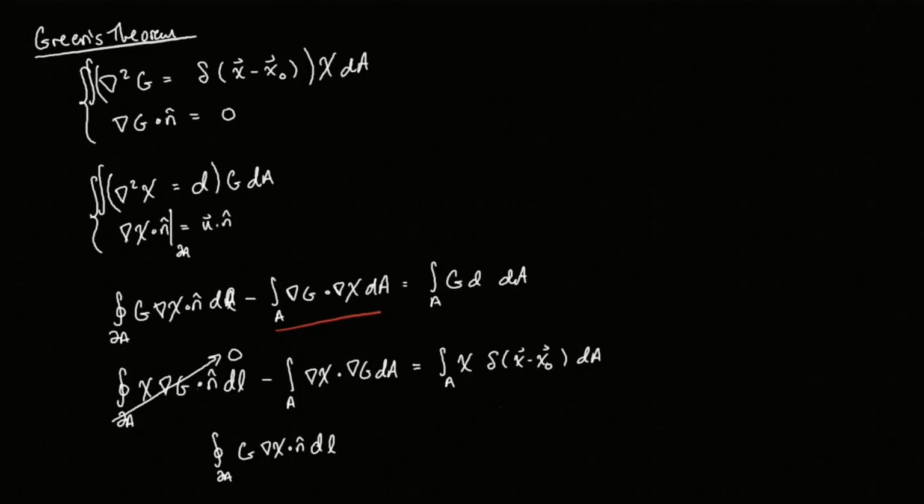This term and this term cancel. We have a Green's function multiplied by the divergence of the velocity field, integrated over space, minus chi at x naught.